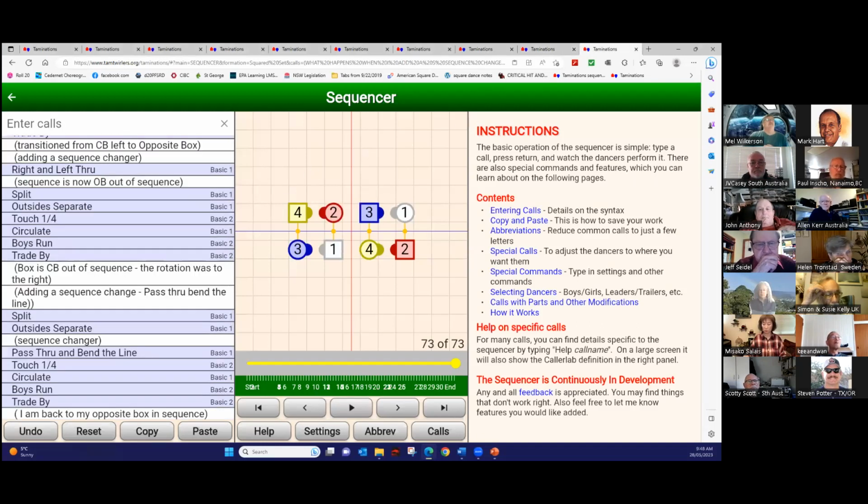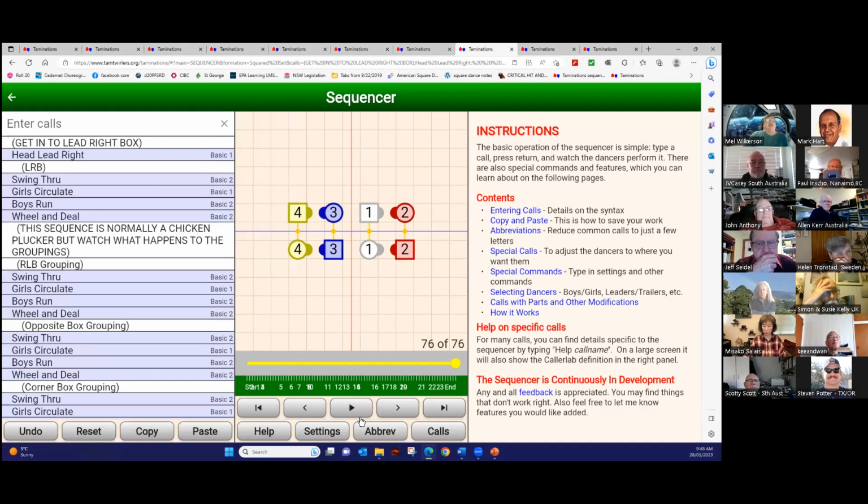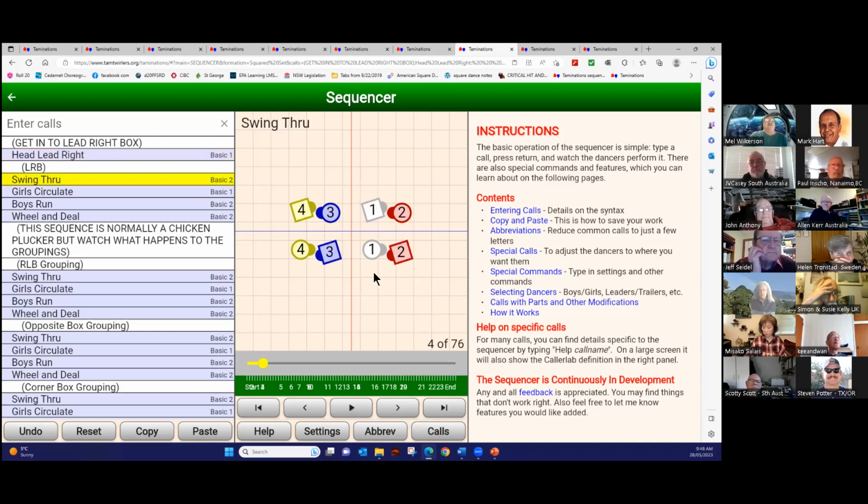Let's see, where's my lead to the right? There we are. If we look at this lead to the right box, you notice that the boys are out of sequence, but the girls are still in sequence.